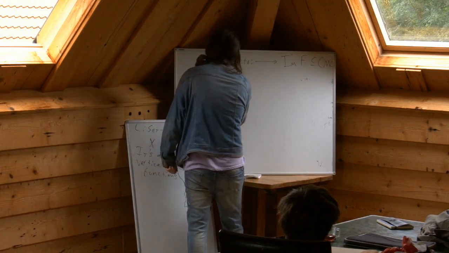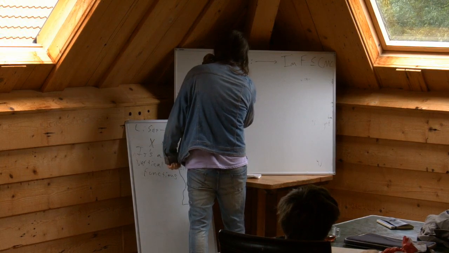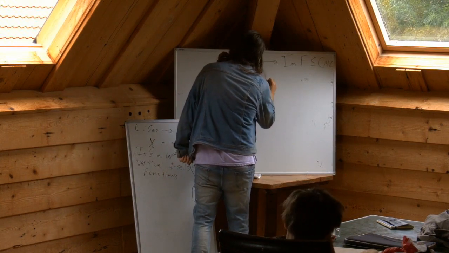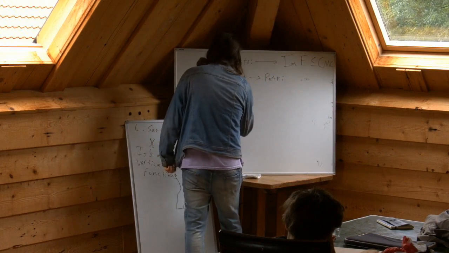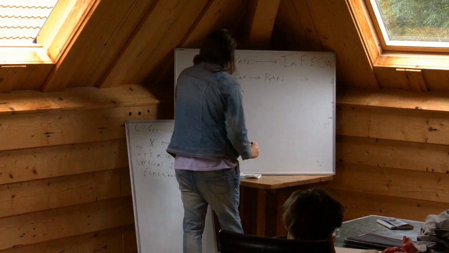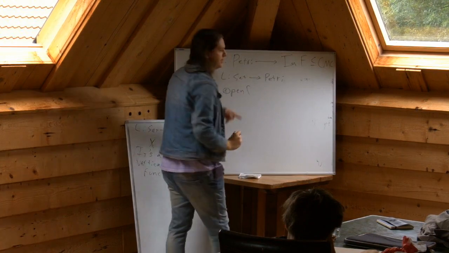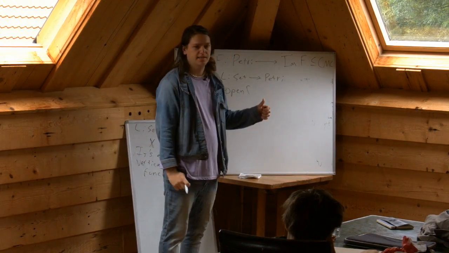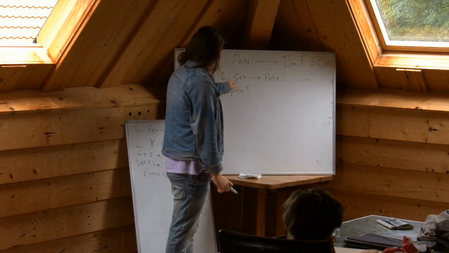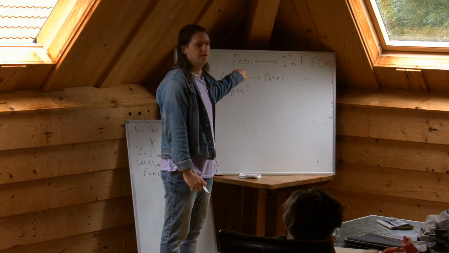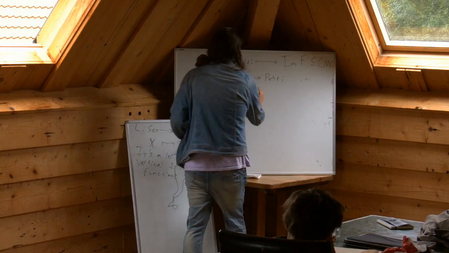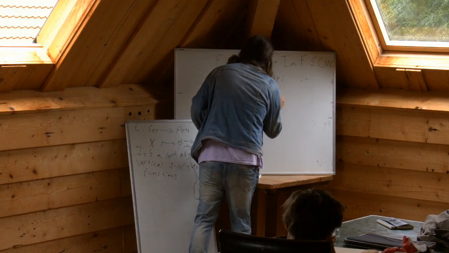So you have L from Set to P-tree, and then Open of P-tree is Kenny's construction applied to this functor. All you need is that both of these sets are co-complete, and this preserves co-products.